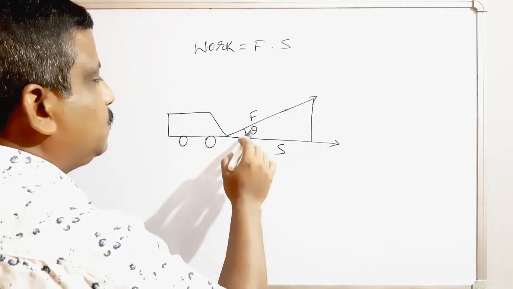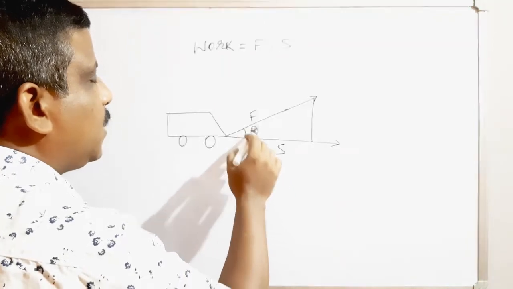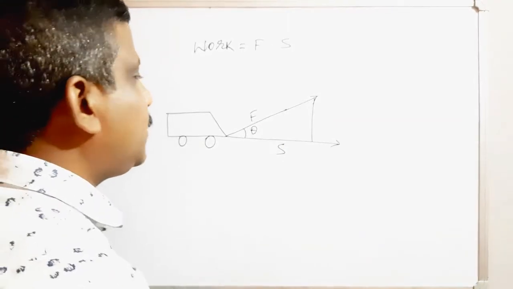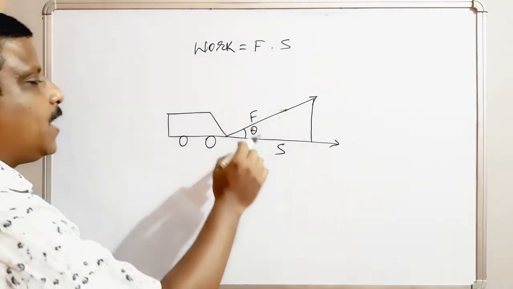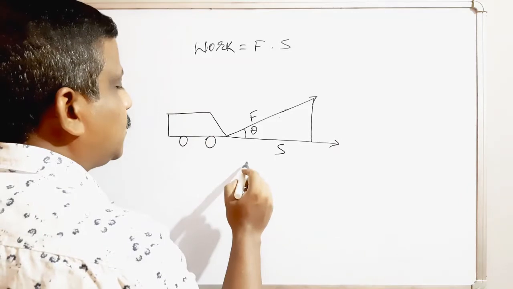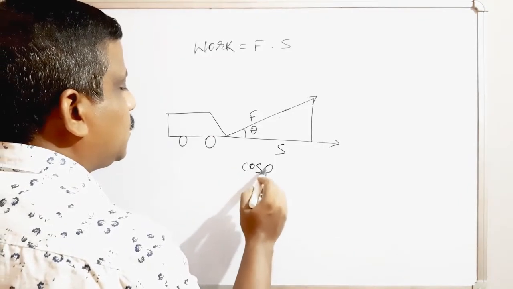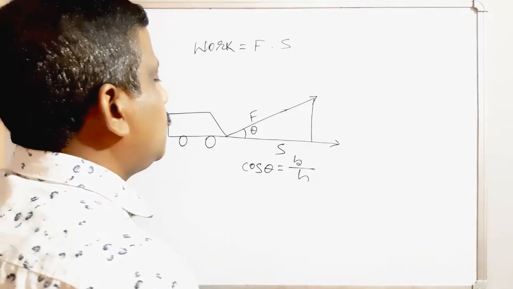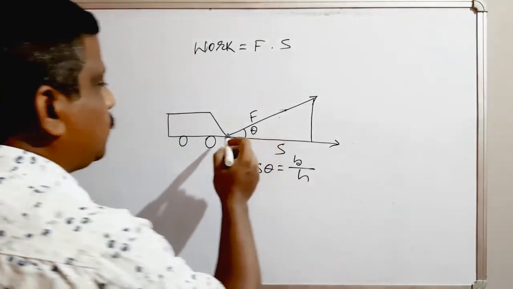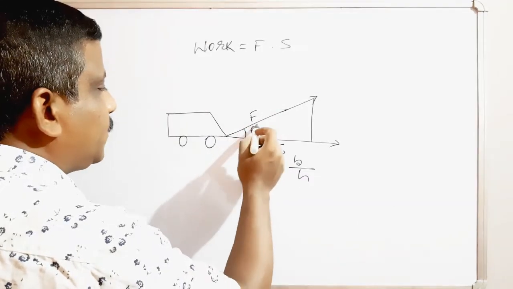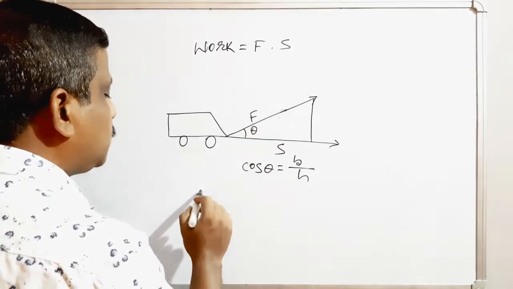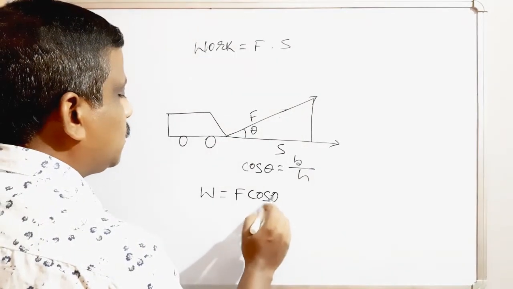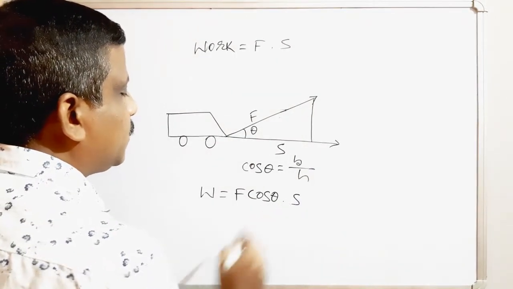So force and displacement are related to base and hypotenuse. In trigonometric ratio, the base and hypotenuse relate to cos theta. Cos theta is equal to base by hypotenuse. So here the force is making an angle theta. So work done, we have to write F cos theta into displacement S.